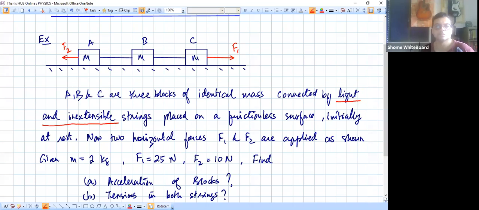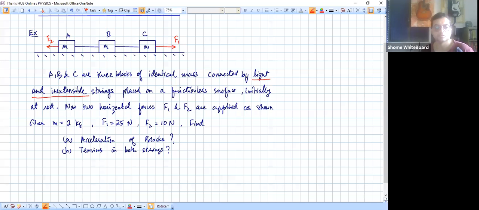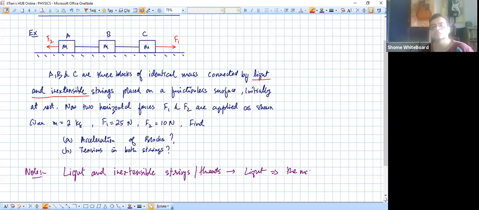So, light and strings or threads. Okay, so what do they mean? Light implies that the mass is negligible. Okay, so tending to zero.